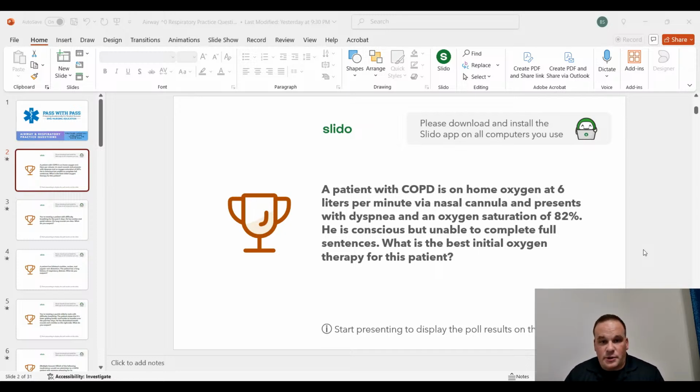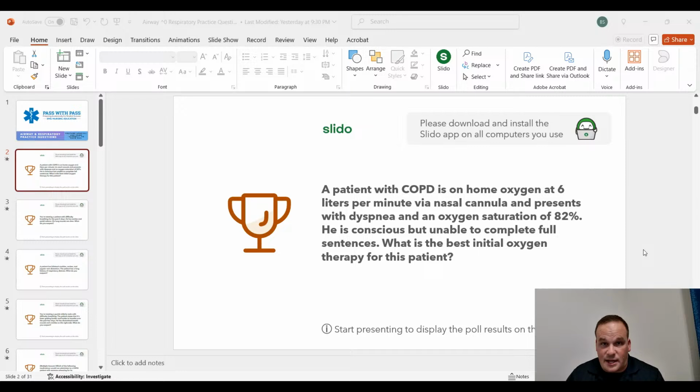All right, the correct answer would be CPAP at 5 to 10 centimeters of water pressure. I might catch a little slack for that in the comments, and that's fine. But what I want to drive home is we have a patient with COPD on home oxygen at 6 liters per minute via nasal cannula.